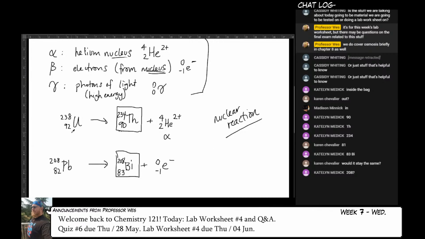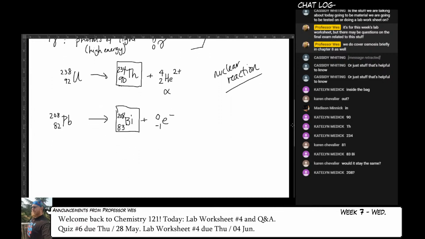Now, what the heck happened in the nucleus here? Let's actually do that over here. What ended up happening here was that a neutron, which has a charge of 0 but a mass of 1, turned into a proton and an electron.